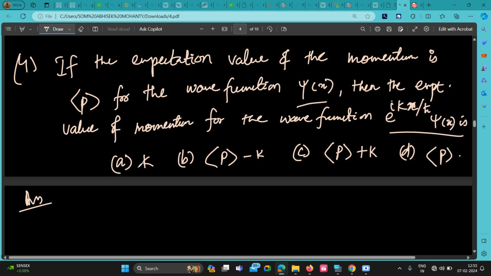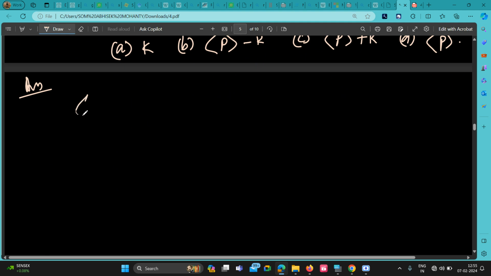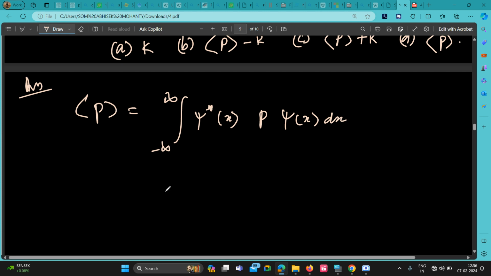Okay, did you try this? First of all, how will I write the expectation value of momentum? Integration from minus infinity to infinity of psi star x, p, psi x dx.